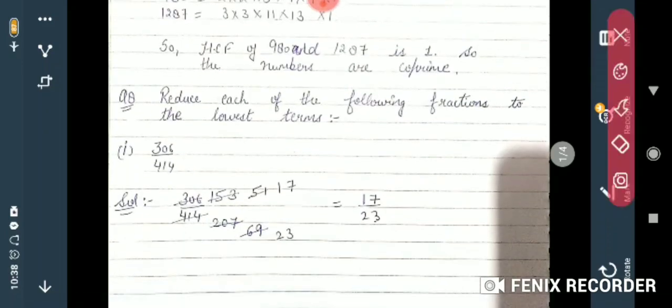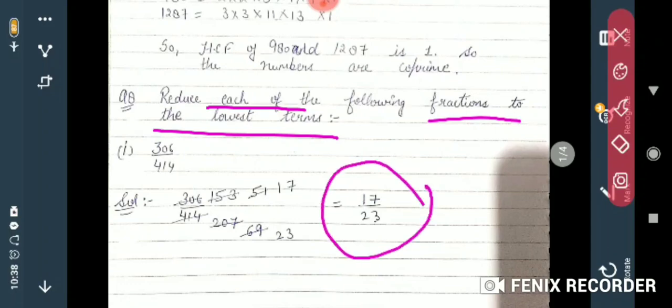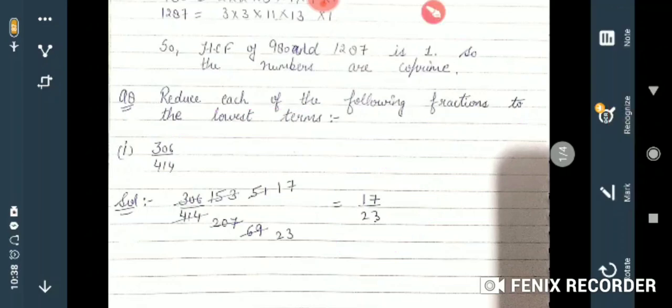Next question. Reduce each of the following fractions to the lowest terms. Lowest terms means you divide the number until it can no longer be divided.